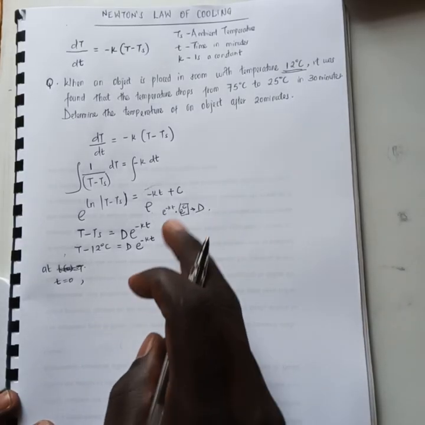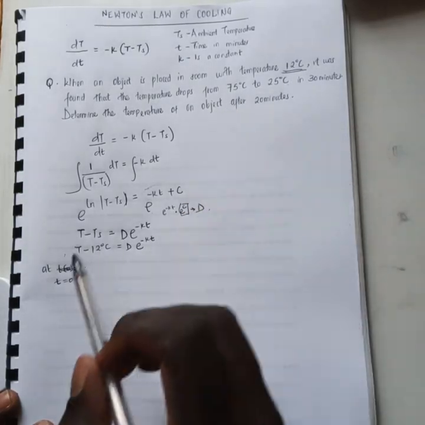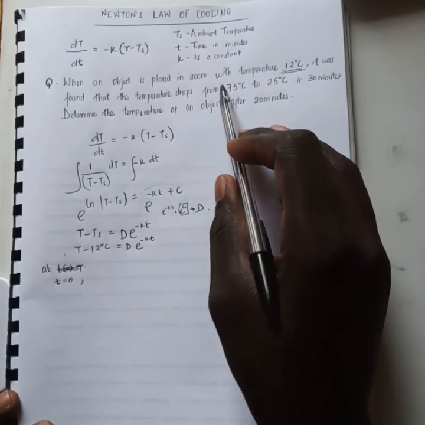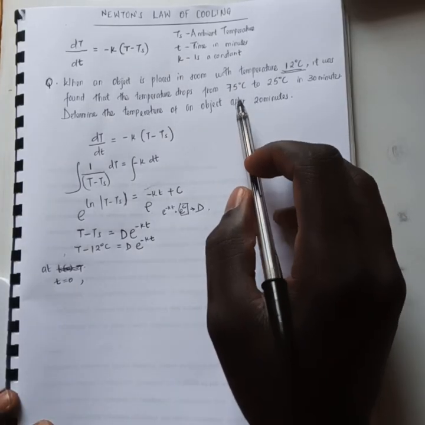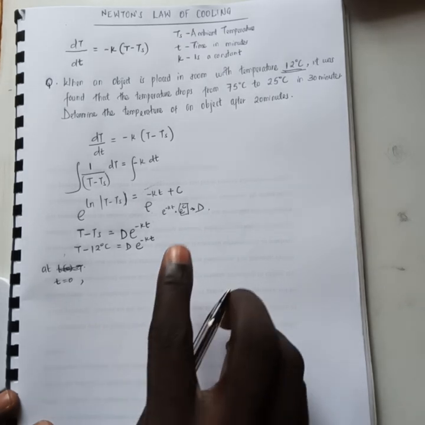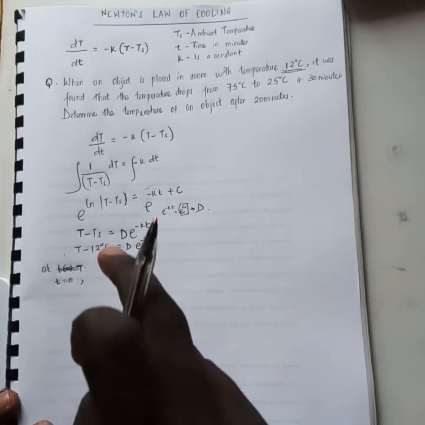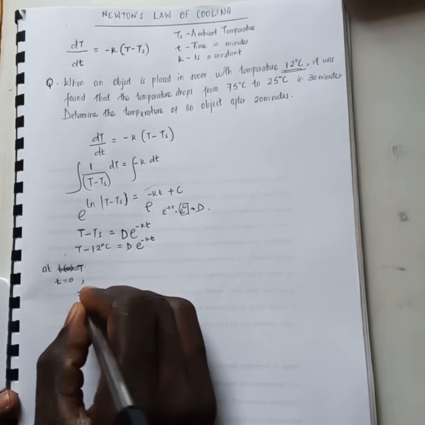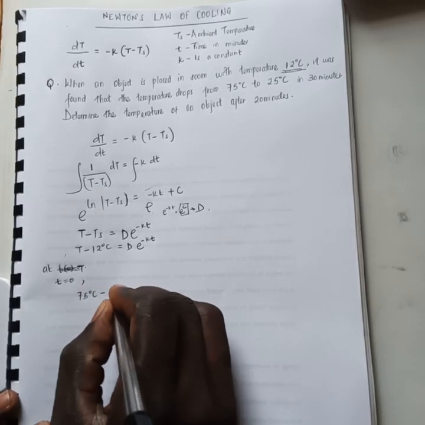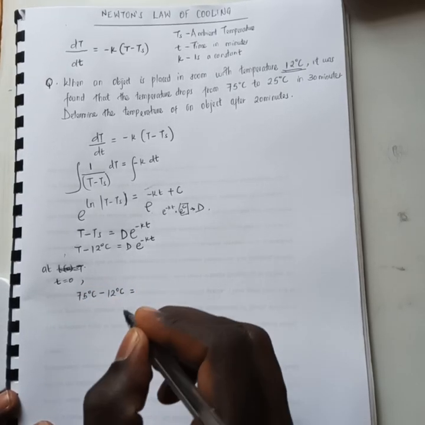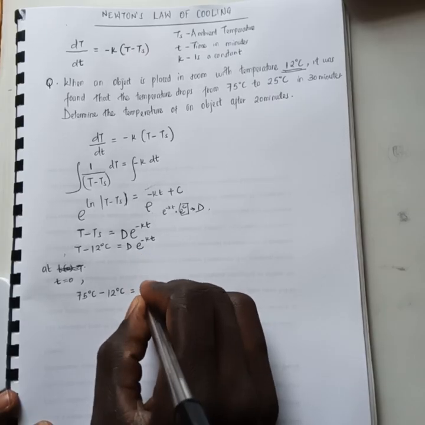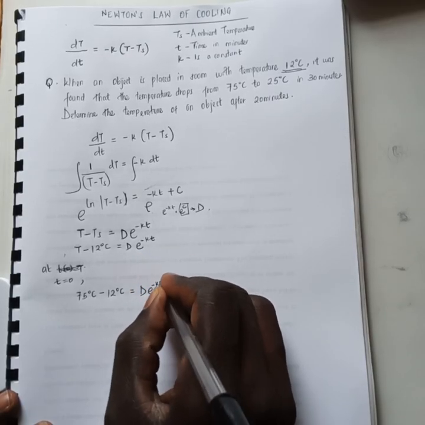No, I'm sorry, not 12 degrees Celsius. At t equals 0, the temperature is 75 degrees Celsius. If we substitute in the equation, we have 75 degrees Celsius minus 12 degrees Celsius equal to D exponential negative k times 0.